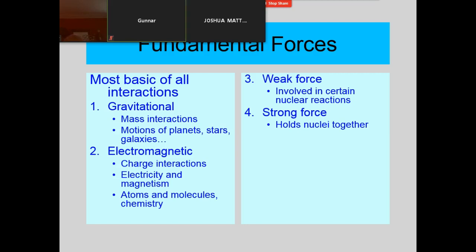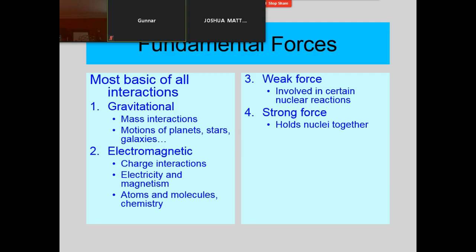These are mass interactions. The formula for this, which we'll hit later in the chapter, is the product of the two masses involved, the mass of the bigger object and the smaller object multiplied together. They're used for all sorts of things, not the least of which are motion of planets, stars, and galaxies. These are all the result of gravitational forces.